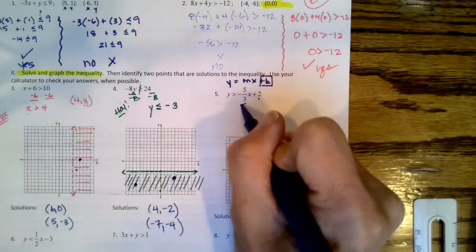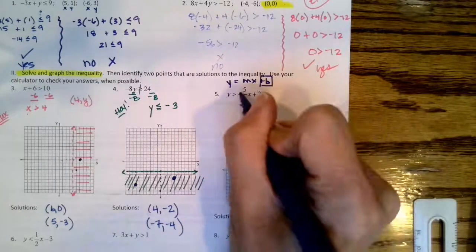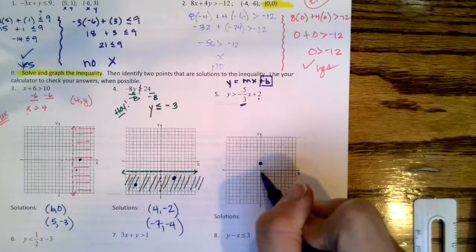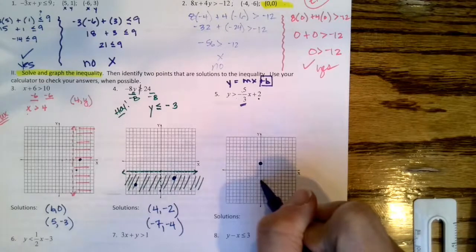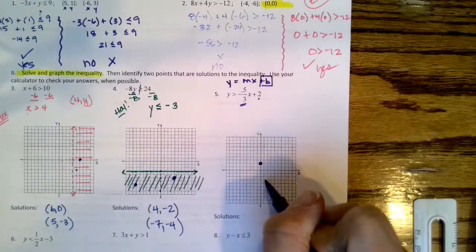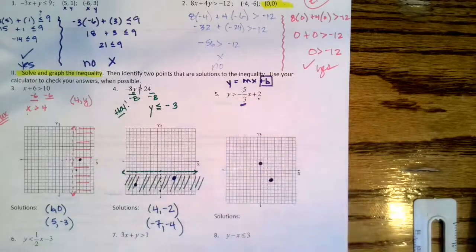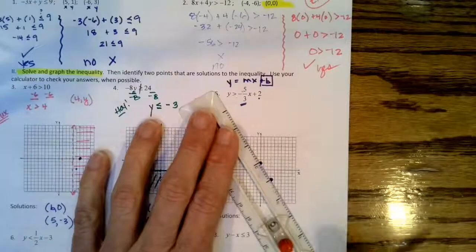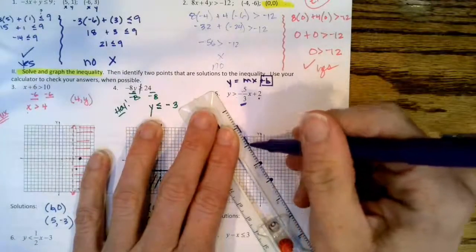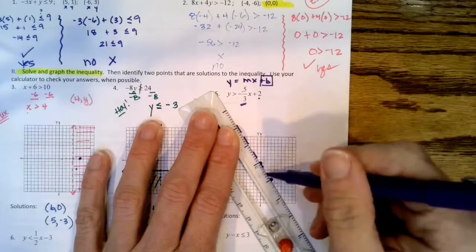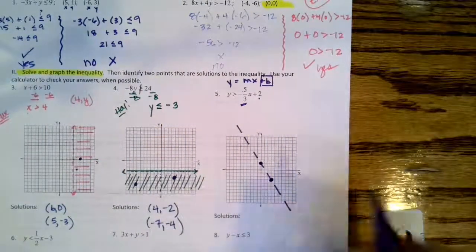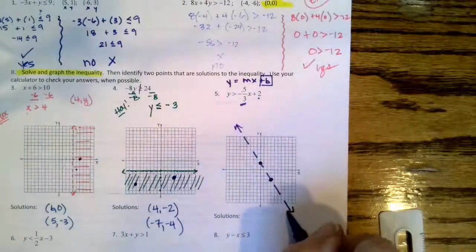Here's our slope, which is our rate of change, and it's negative, so that means I'm going to go down 1, 2, 3, 4, 5, and over 1, 2, 3. It's not allowed to be equal to it, so what kind of line am I going to draw? A dotted line, because it's not allowed to be equal to it.